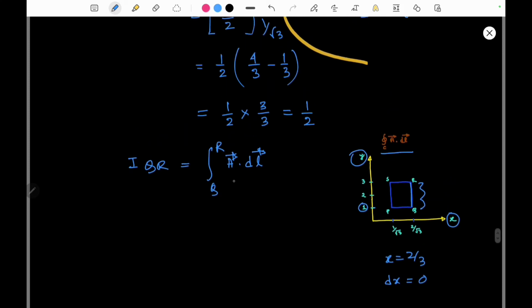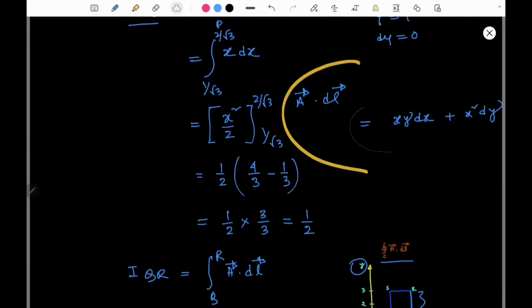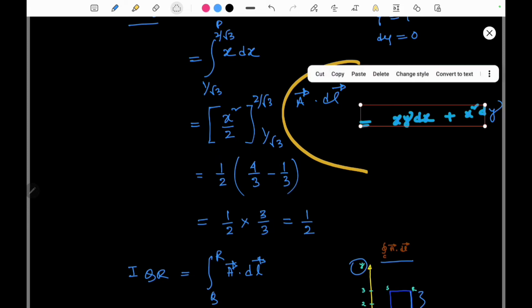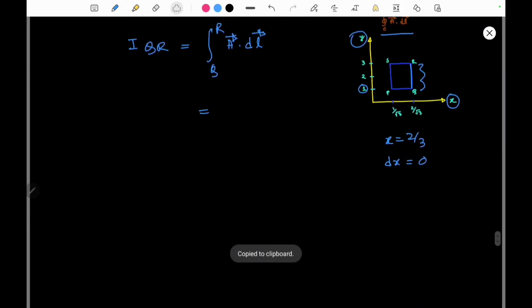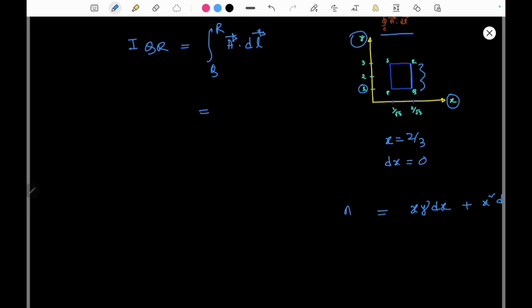And also A vector dot dl vector we can see from here. This is the value. Okay, copy, paste so that we can relate A vector dot dl vector. This we calculated earlier. Sorry, here one thing is going out of the picture, so let's write this.